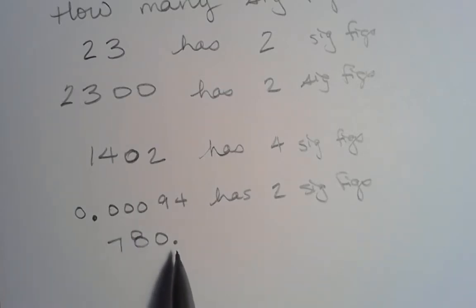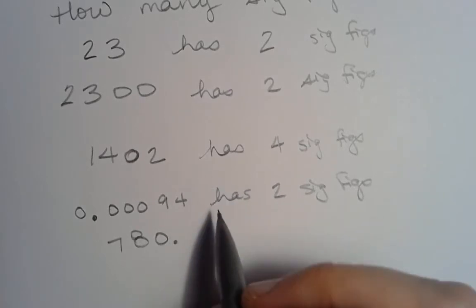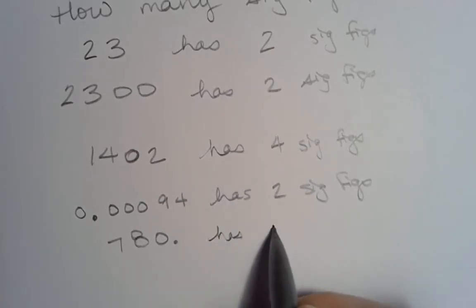Here your decimal's at the end. That 0 is showing both magnitude, how big it is, 780, and also with that decimal, we're saying we could measure exactly, it is exactly 780. No more, no less. This has 3 sig figs.